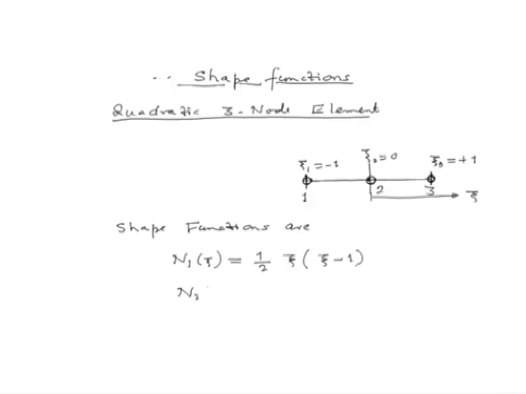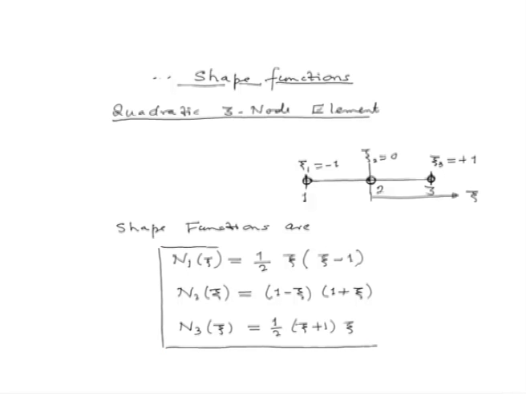The shape function linked to the middle node is given by (1 minus xi) into (1 plus xi), and the last one, N3(xi), is given as 1 by 2 xi into (xi plus 1). So, these are the shape functions for quadratic one dimensional elements.